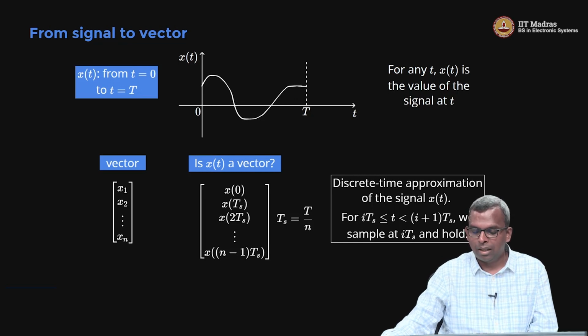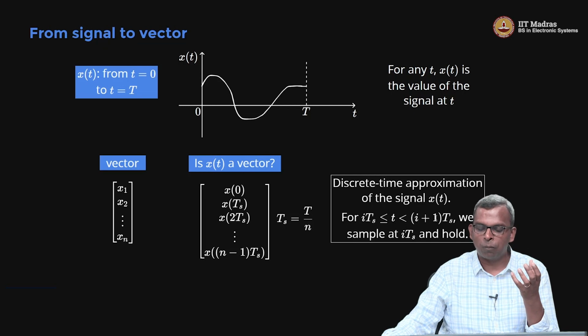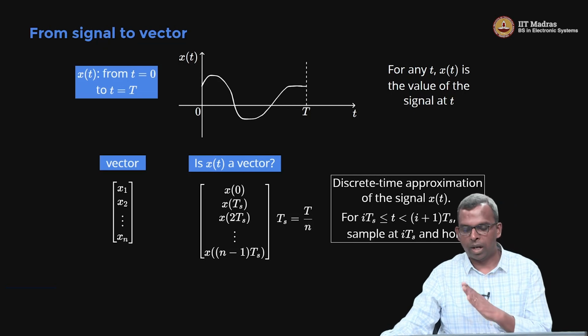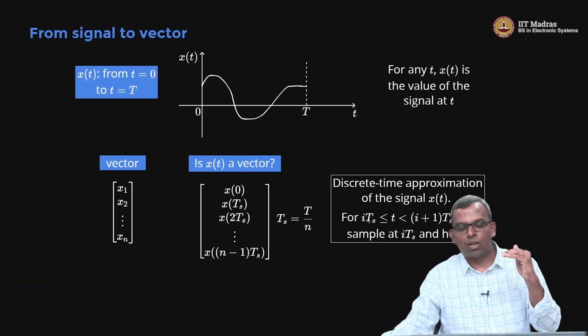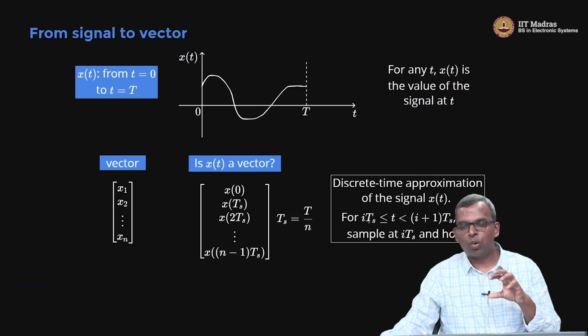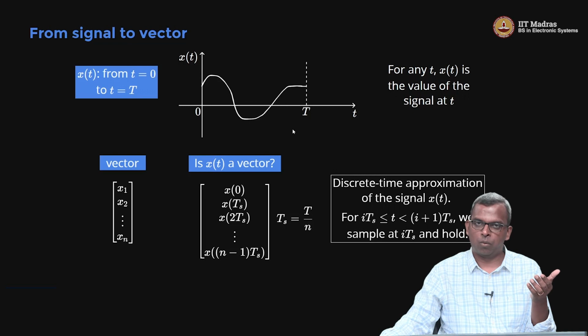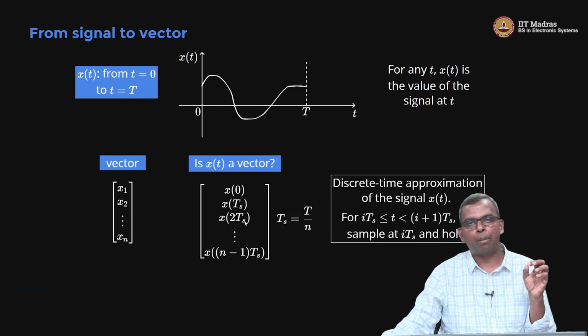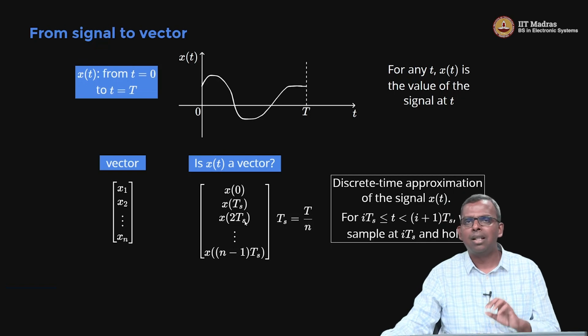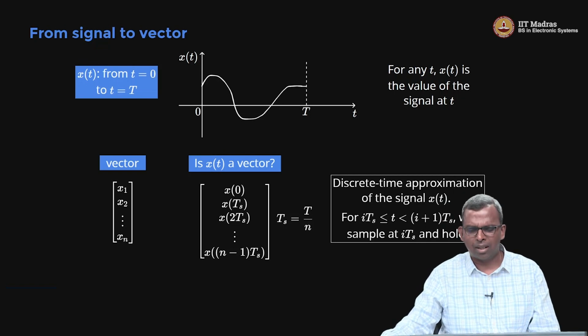Between i Ts and (i plus 1) Ts, that gap we don't know what the signal is. You can think of sampling and holding. So you sample at i Ts and sort of hold. Okay, so you get a discrete time approximation for the signal x of t. So this vector definitely represents that approximation. It is an approximate representation of the signal and not an exact representation of the signal. But that's okay.